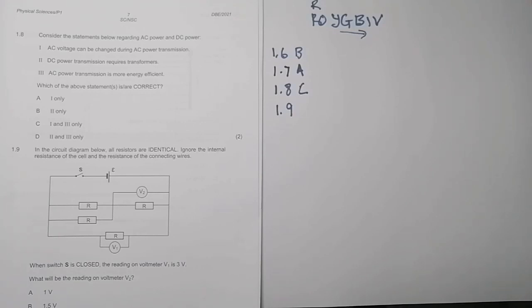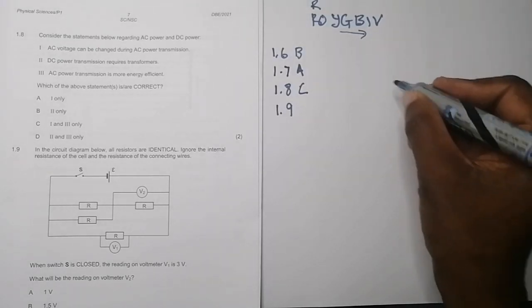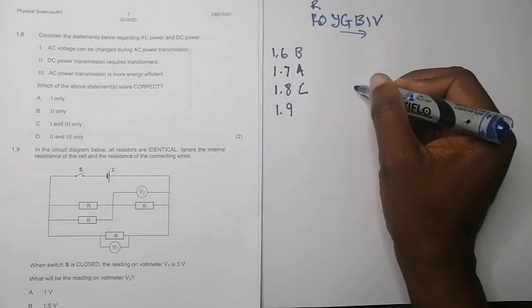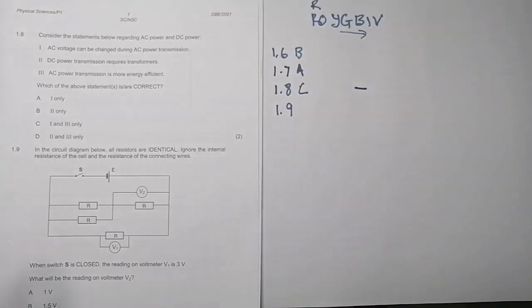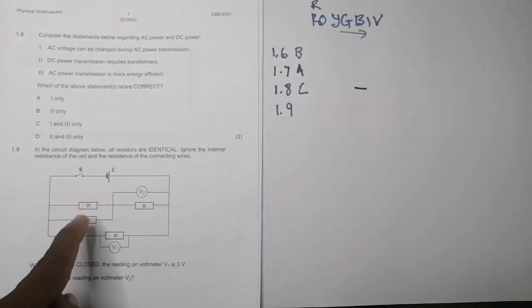Now they say when switch S is closed, the reading on voltmeter V1 is 3 volts. What will be the reading on voltmeter V2? So let me just consider this question quickly and draw these two resistors.